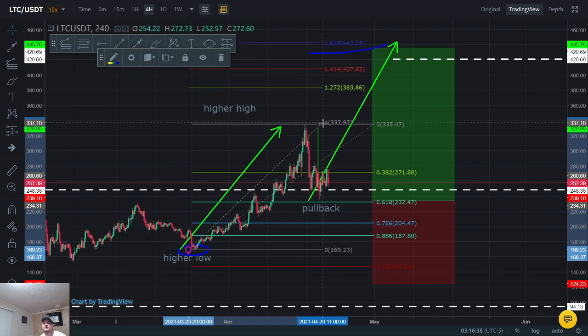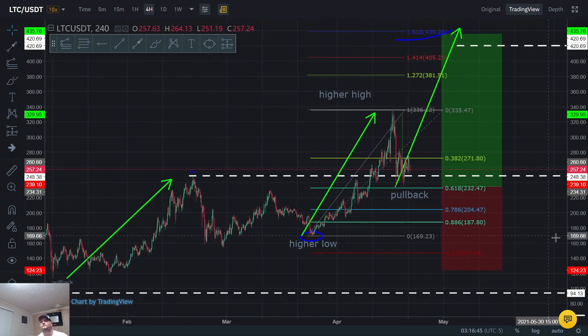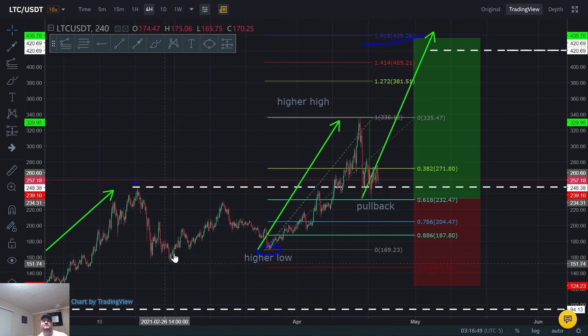This is where I said if we don't break 170. But we also have this double bottom here. Boom, which is nice, really nice.